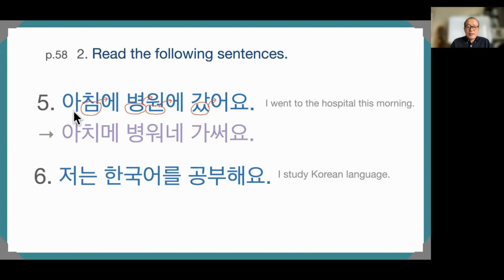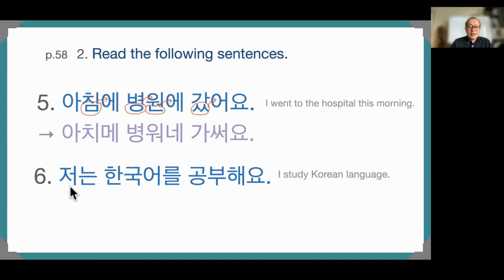Okay. This one is a little bit difficult because it is a little bit of an exception. So let's read one more time. 아침에 병원에 갔어요. Okay. And this one. Can you read this?